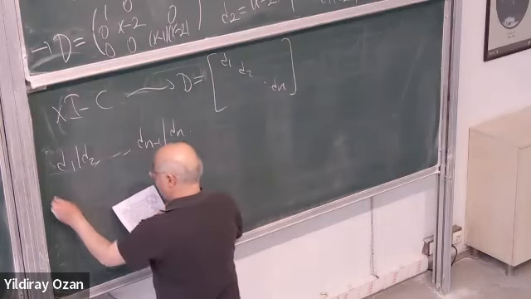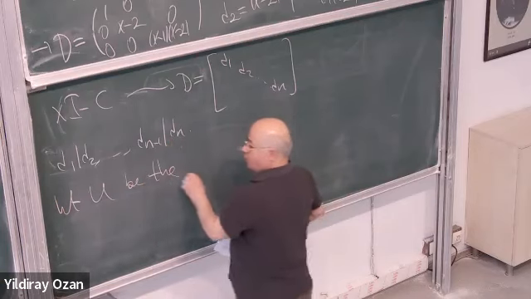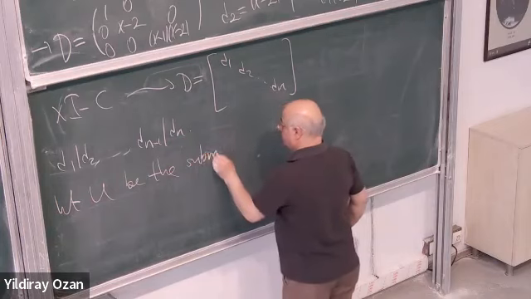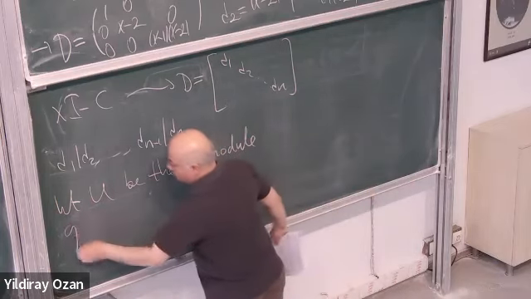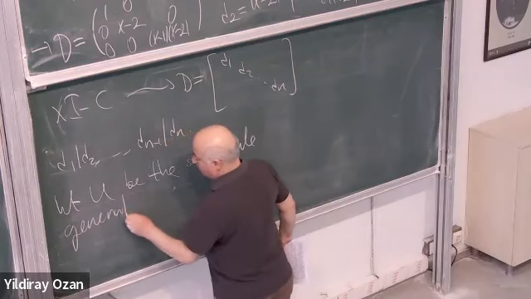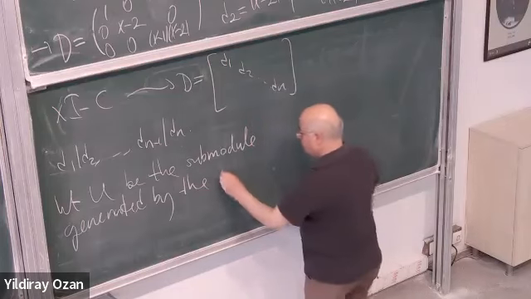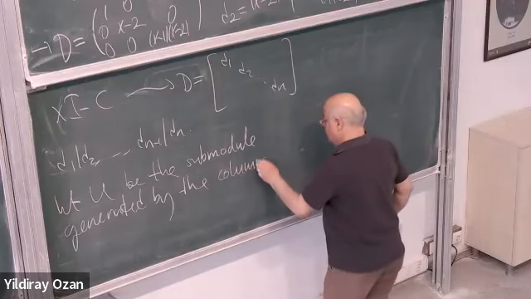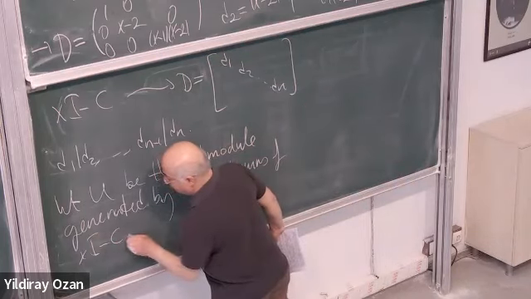Okay. Let U be the submodule generated by the columns of x minus identity minus c.